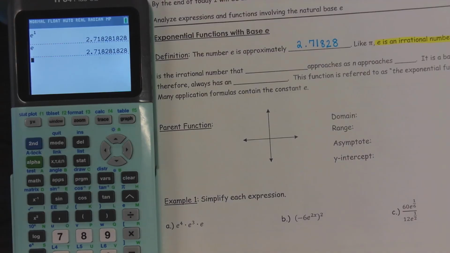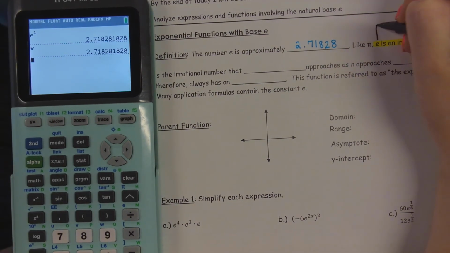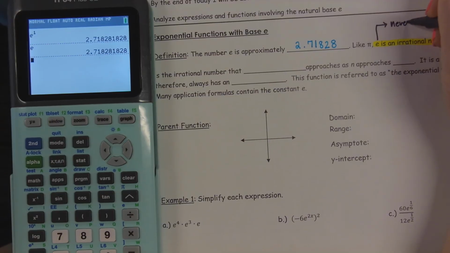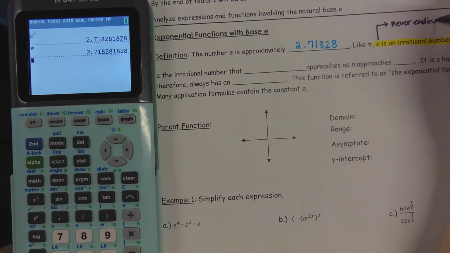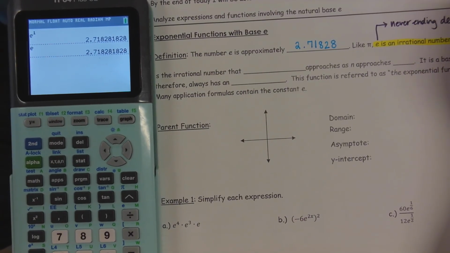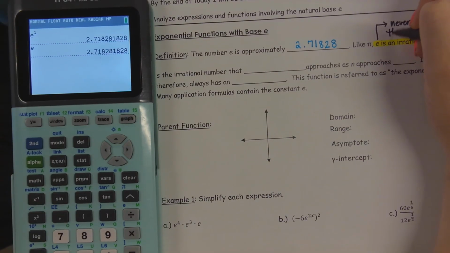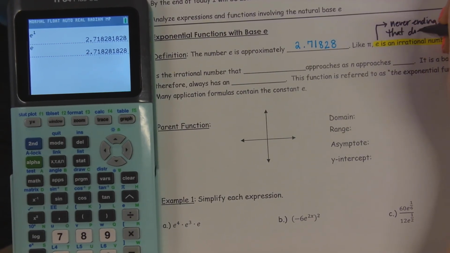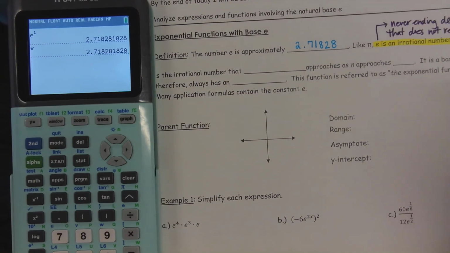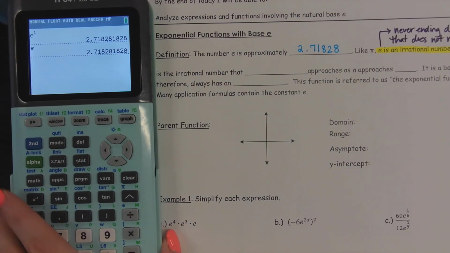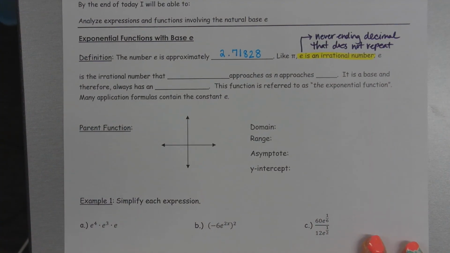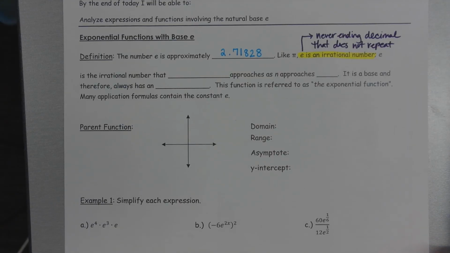Remember, if a number is irrational, it's a never-ending decimal that does not repeat.